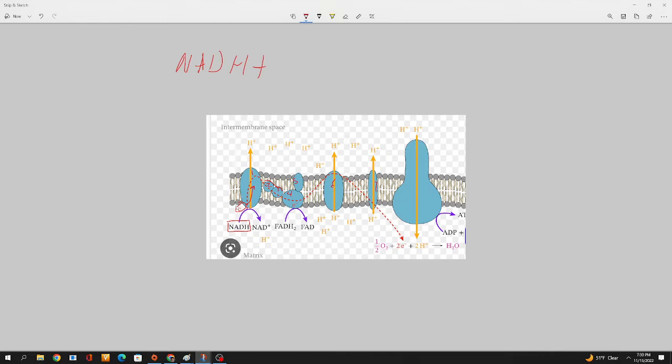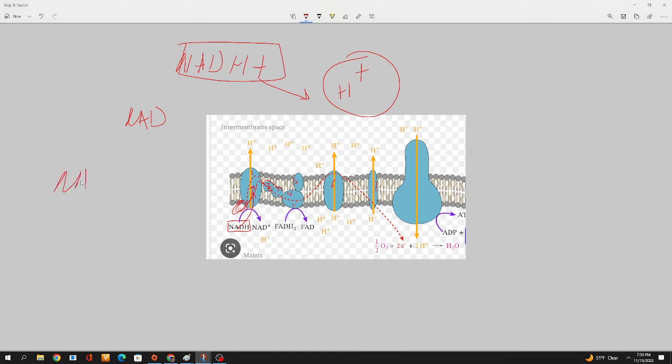So as electron 1 is shot into protein 1 and then begins to move into protein 2, this NADH plus shoots out an H plus ion and becomes just NAD, and it is going to shoot another electron into the now opened up protein 1.